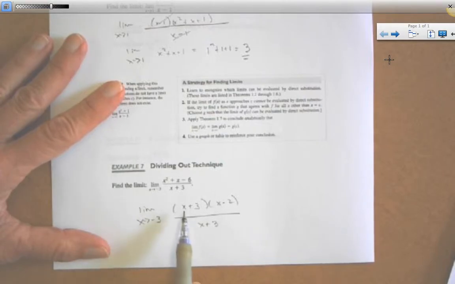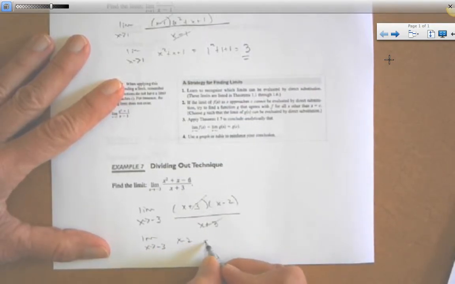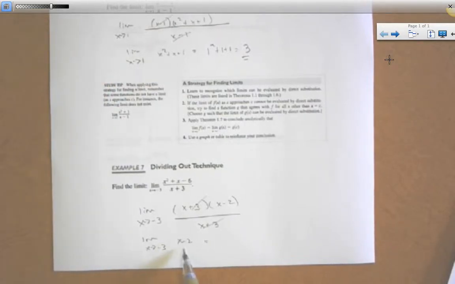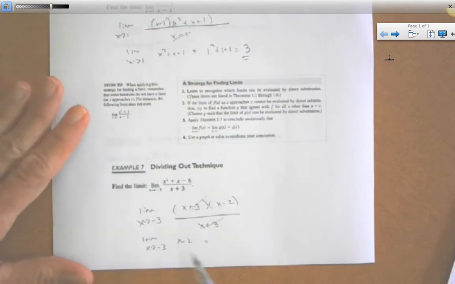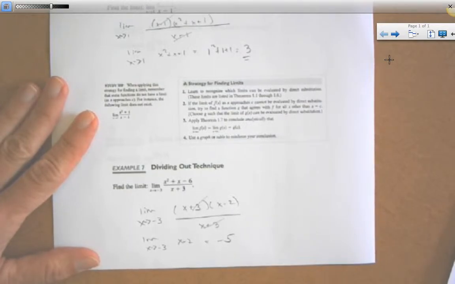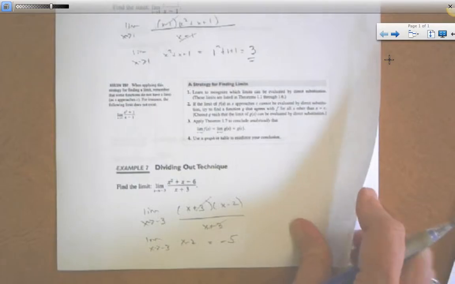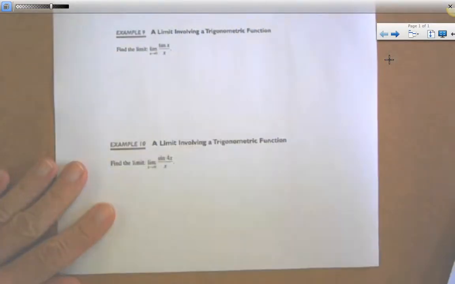Lucky for us, x plus 3 is a factor of the numerator. These two drop out. The limit as x approaches negative 3 of x minus 2. Now x minus 2 is nicely defined everywhere. It doesn't have a hole. I can go ahead and plug in negative 3 through direct substitution. Negative 3 minus 2 is negative 5. So again, we're looking at what happens at one location using another method.